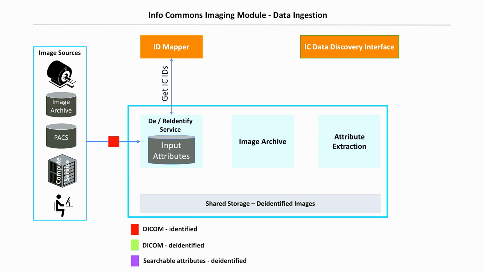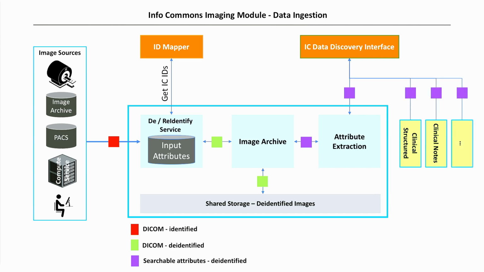We store all the original attributes in case we need to re-identify the data and return it to the clinical workflow. But we look up replacement identifiers, de-identify the data, archive it, store the source data in the shared archive, extract our attributes and promote those to the discovery layer where they can be merged with attributes from other data domains.